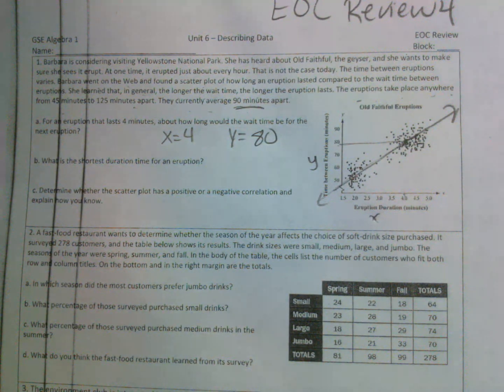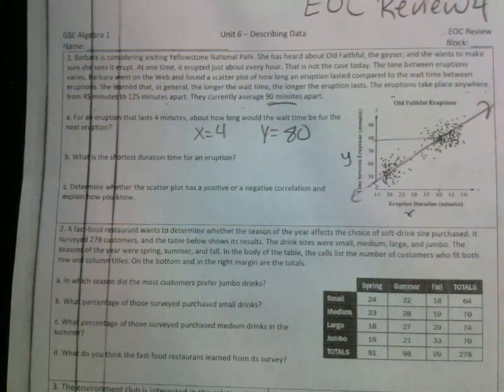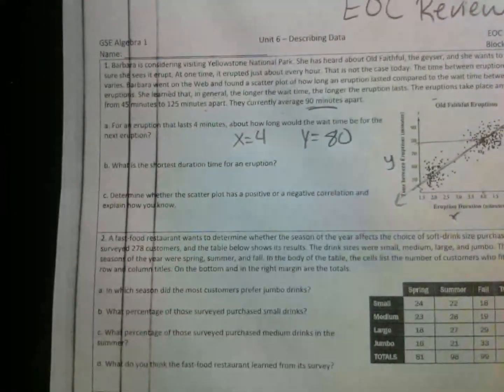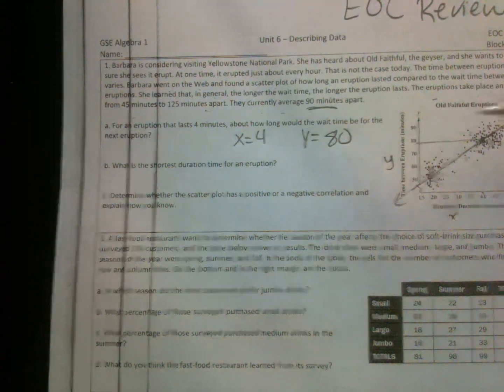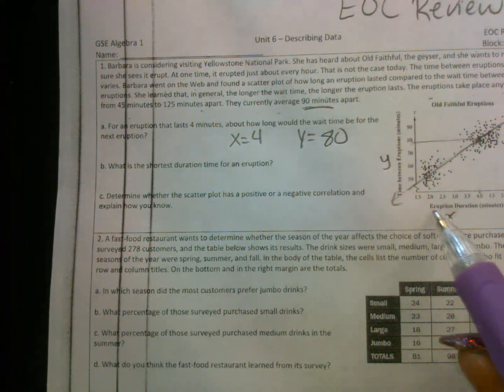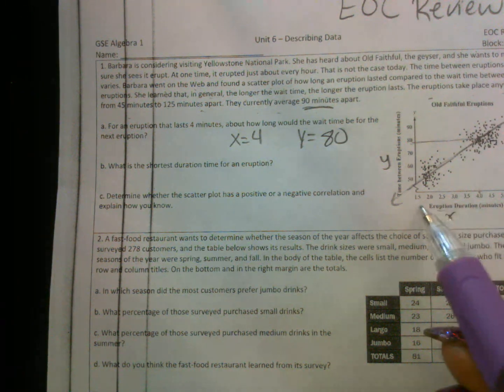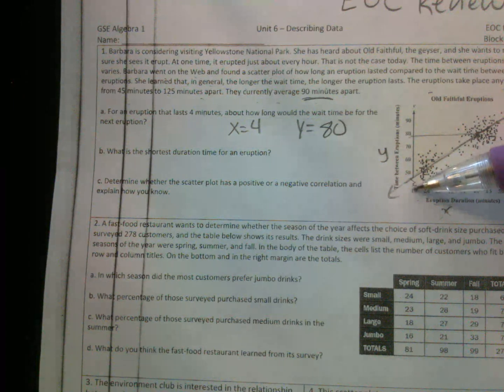All right, now let's look at B. It says what is the shortest duration time? Let's look at the scatter plot. This is the duration right here, and this is 1.5 right here.